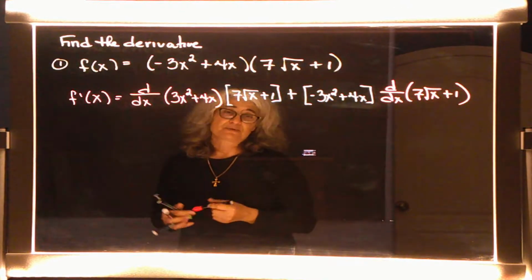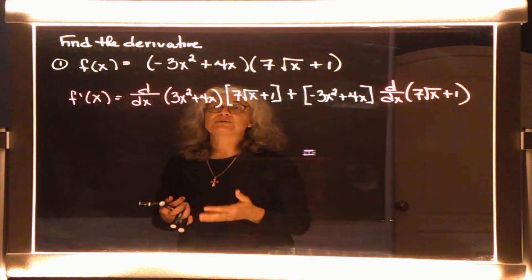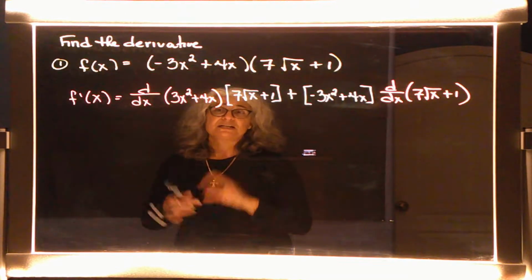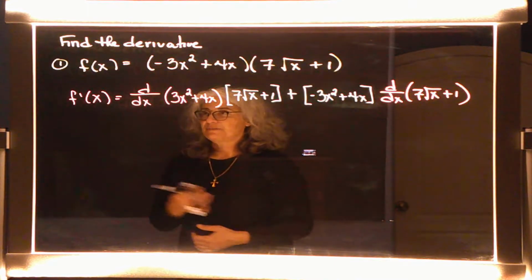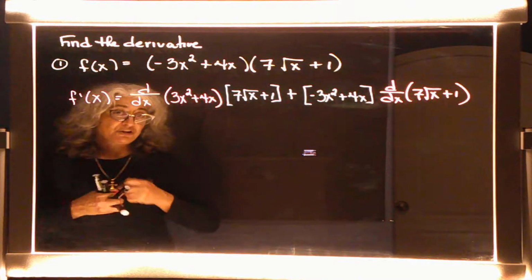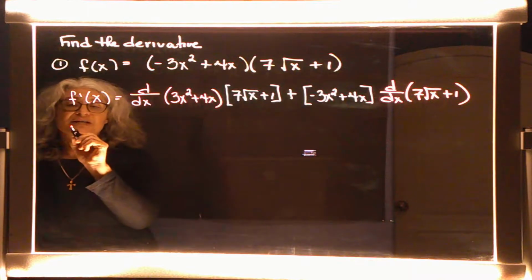That's the product rule. This is how I find the derivative of a product. This is the product rule. Good? Okay. So here we go. Take it slow.